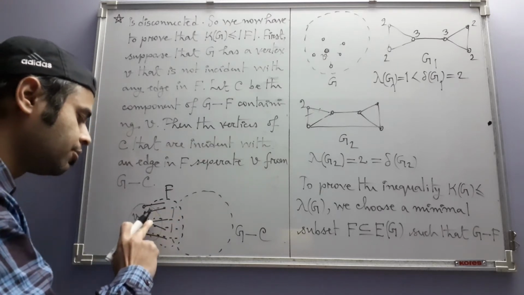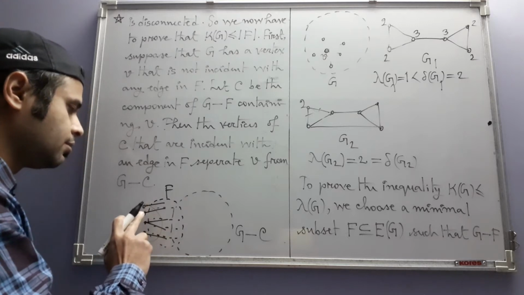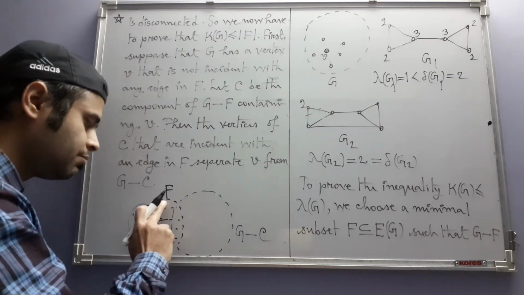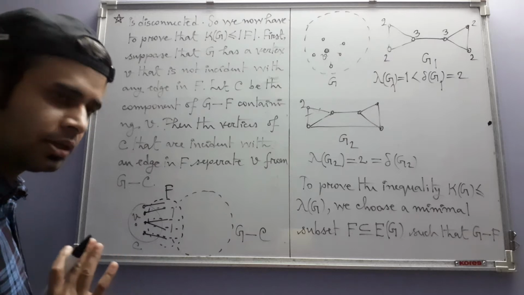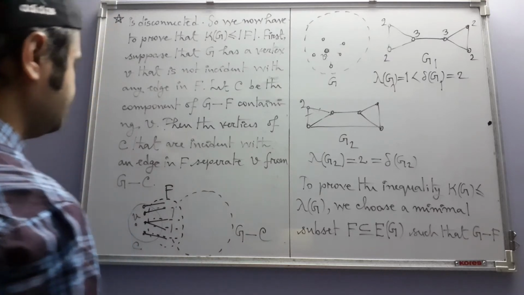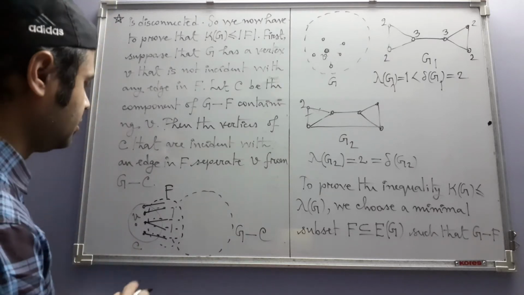We are considering only those vertices of C such that each one of them is incident with at least one edge from F. Okay. Now what are we saying?